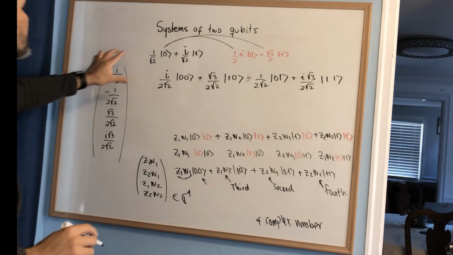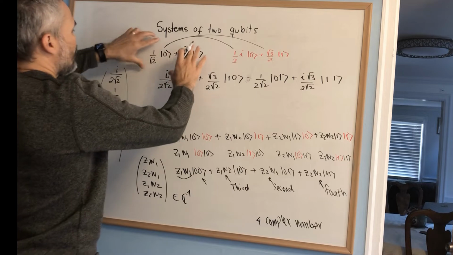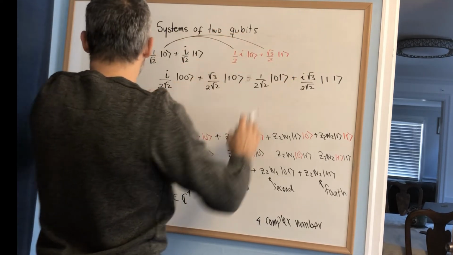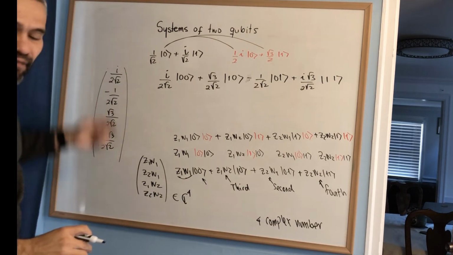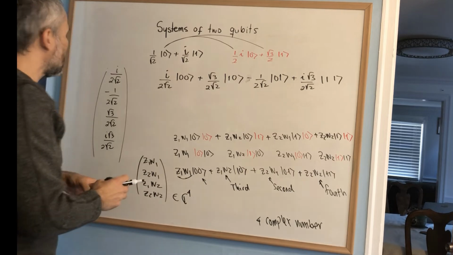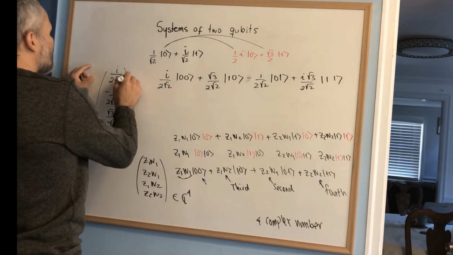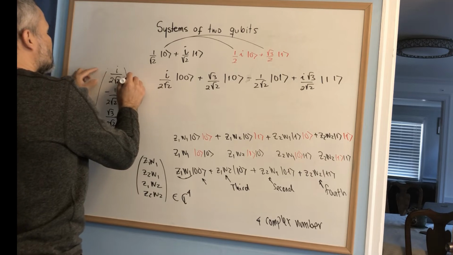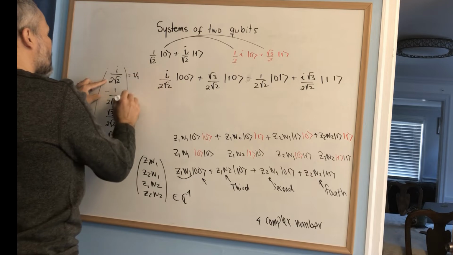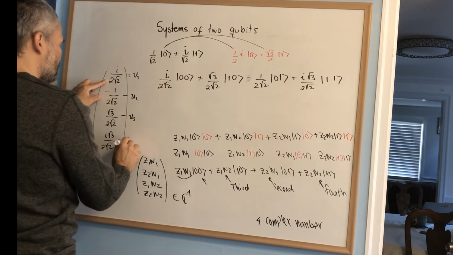Okay, then this is the representation of the system when we have this state on qubit 1 and this state on qubit 2. It's given by 4 complex numbers. Something that we can check is that, let's call these complex numbers U1, U2, U3, U4.